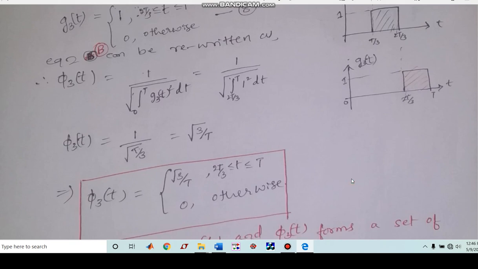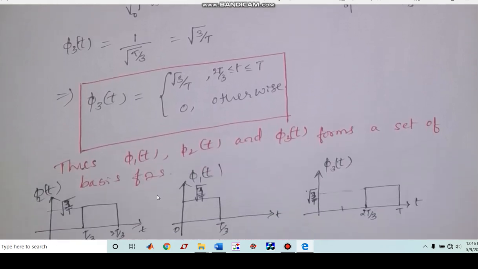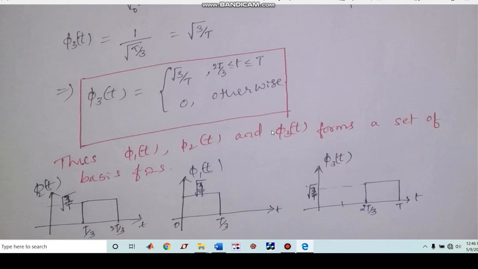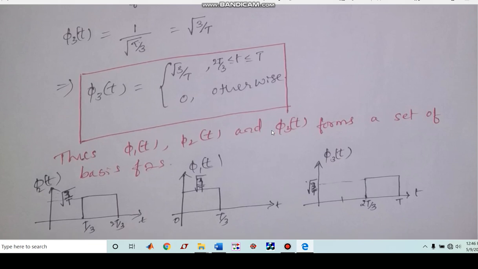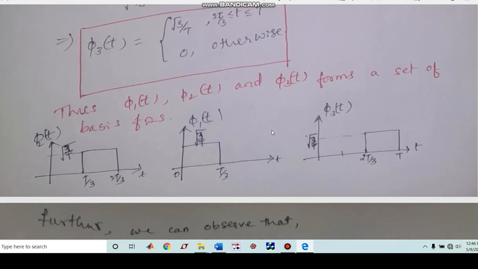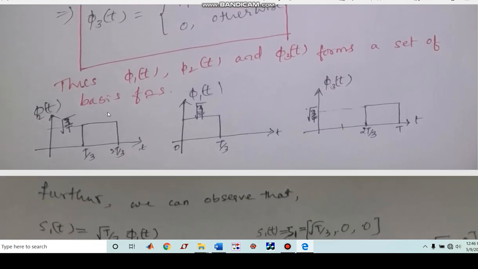Now what we have got? We have got three orthonormal basis functions using which we can represent S1 of t, S2 of t, S3 of t, and S4 of t. Since S4 of t is dependent on the signals S1 and S2 of t, we are not going to find an orthonormal basis for it, but use these existing bases: this is phi 1 of t, this is phi 2 of t, this is phi 3 of t.